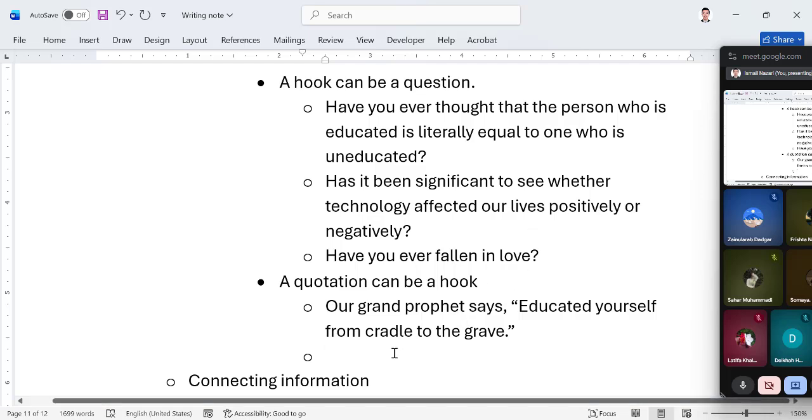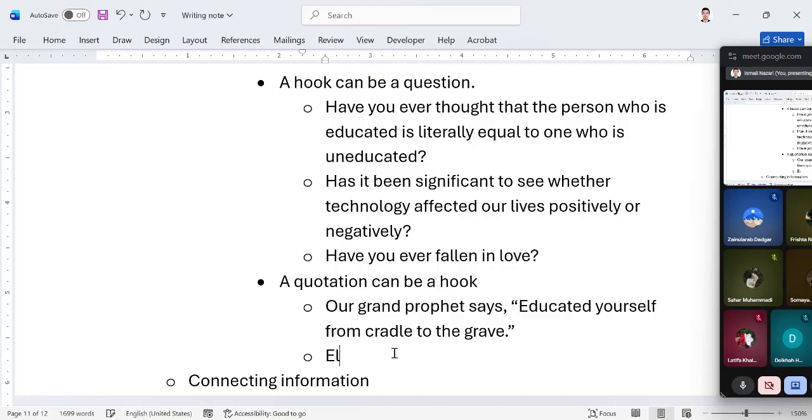For example, I may write a famous person's quote, and then I can go ahead and talk about it. Let's say, for example, Elon Musk.